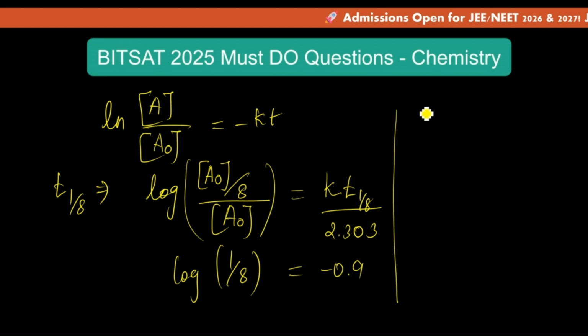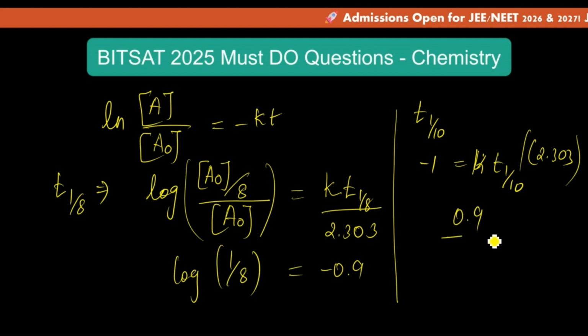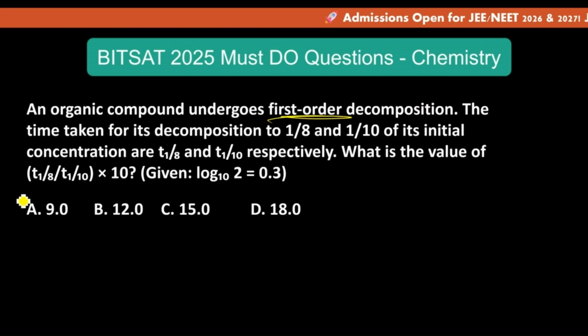Similarly, if I'm calculating it for t 1 by 10, I'm getting the value of minus 1, K t 1 by 10 by 2.303. That will be same. So what is the ratio they are asking? So 0.9 by 1, both are in minus, so 0.9 by 1, which is 0.9, into 10. Okay, so the answer needs to be option A.